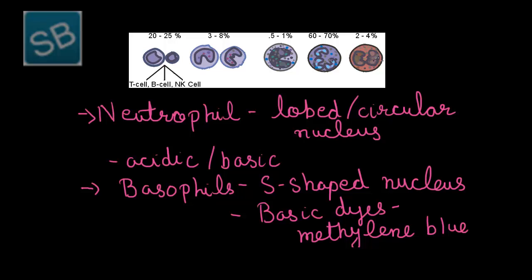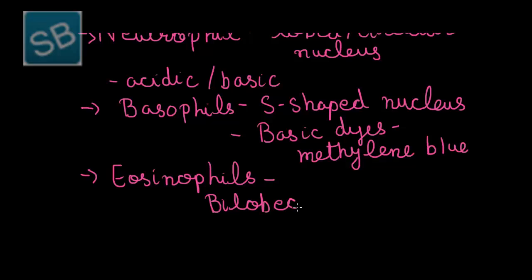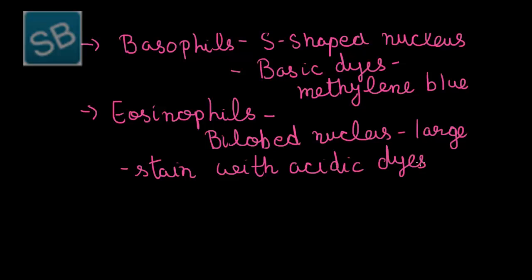As can be seen from the figure, eosinophils or acidophils have a bilobed nucleus which are generally large in size, and they can be stained only with the acidic dyes like eosin. This was all about blood cells.